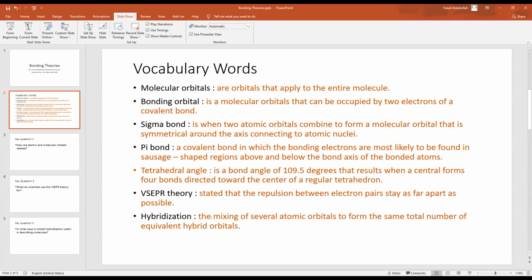VSEPR theory states that the repulsion between electron pairs causes molecular shapes to adopt geometries in which the electron pairs stay as far apart as possible. Hybridization is the mixing of several atomic orbitals to form the same total number of equivalent hybrid orbitals.